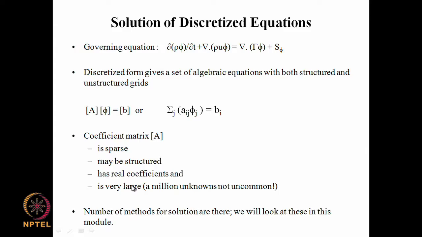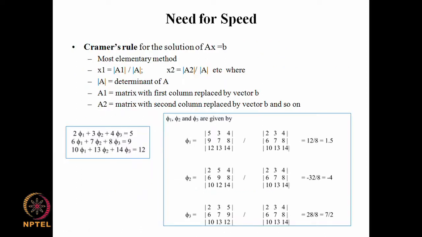Okay. So when you look at this type of A phi equal to B, it is something that is very well known to us, and the one method that has been taught to us from our primary school days or higher secondary school days is the Cramer's rule.